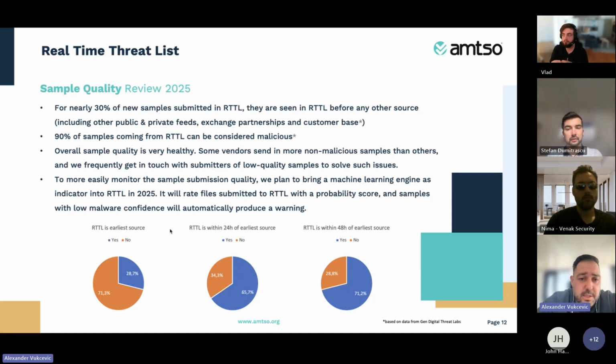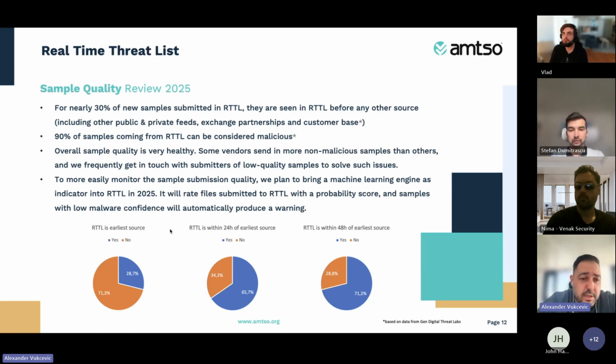Overall quality is healthy in RTTL. We do regular checkups on the quality of samples. Are they really malicious or not? We also see vendors or contributors find samples that are not malicious. They're reporting that back. And with this, we also said we want to bring new features and functionality into RTTL.